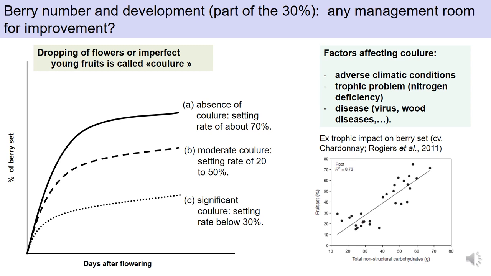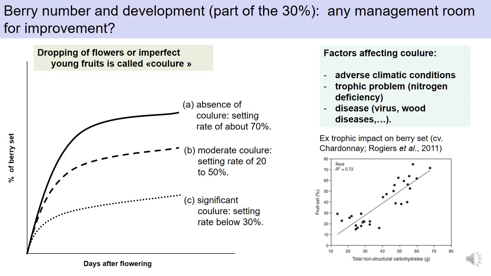This is due to a problem with fecundation, with berry fecundation, problems which are linked to climatic and physiological issues, and it's where and when a vine can really lose a lot of yield, or future yield, of course.